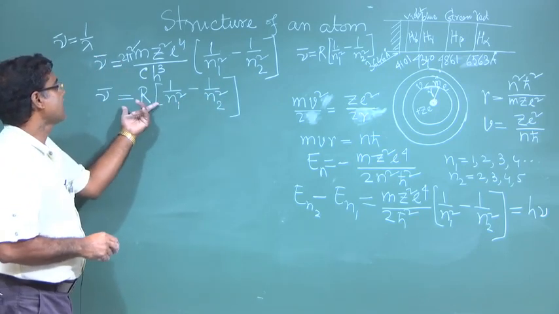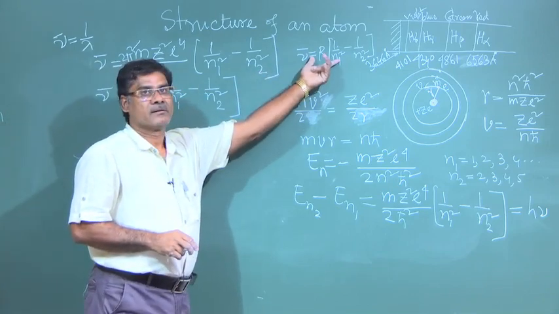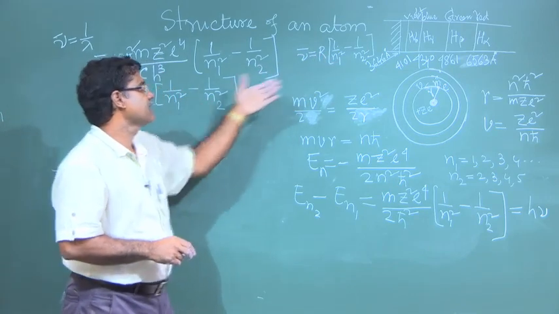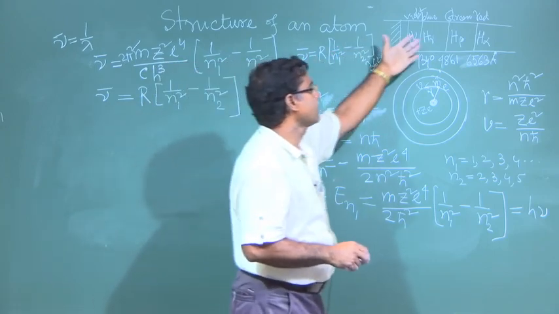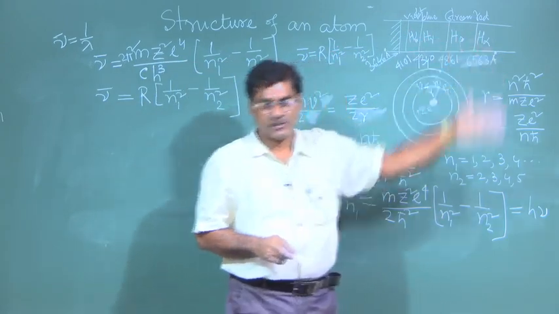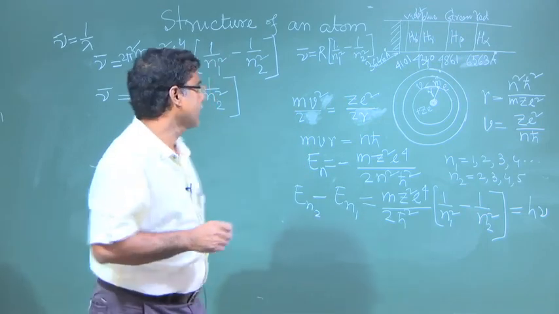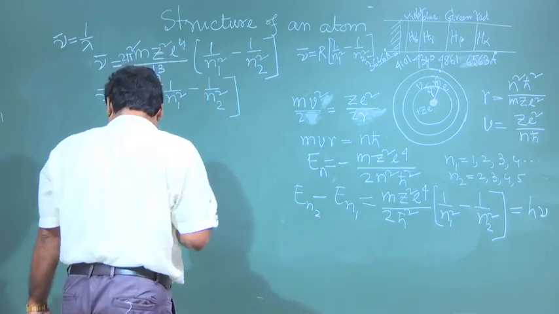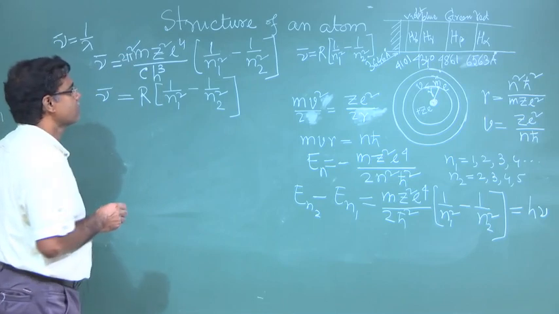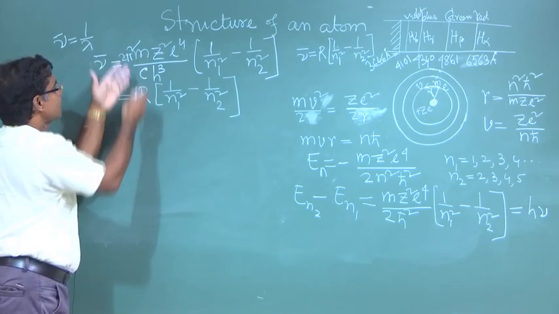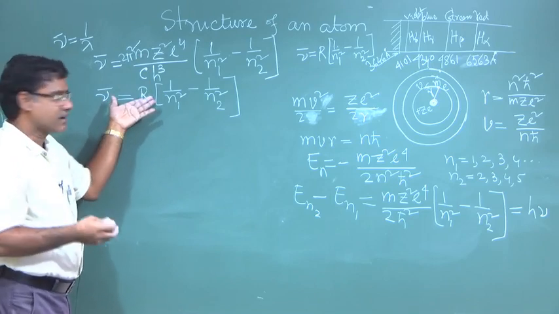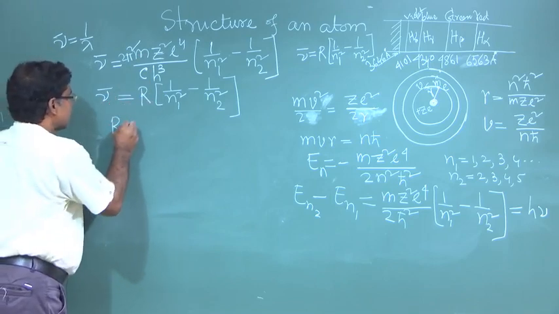So, this theory gives exactly this empirical formula, which was able to explain the hydrogen spectra. But unfortunately, this R is now known, and it is called the Rydberg constant. R is the Rydberg constant.